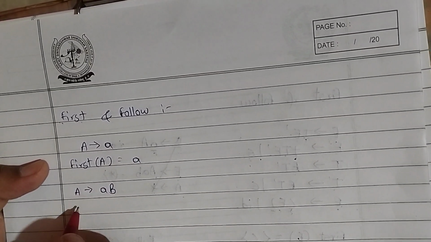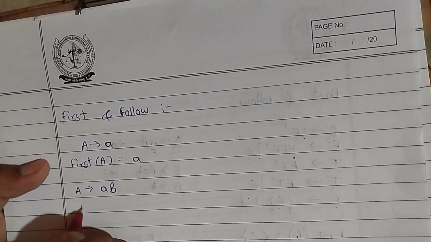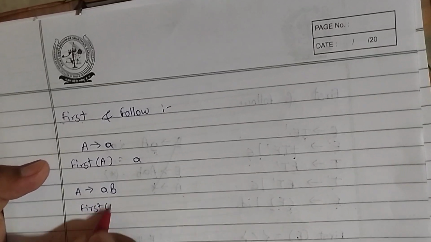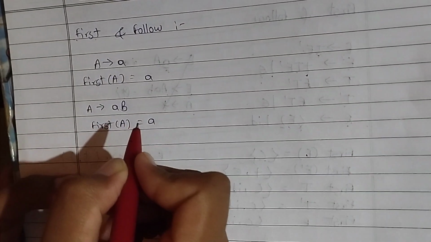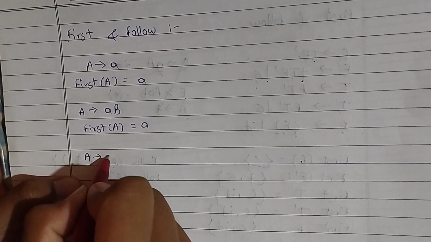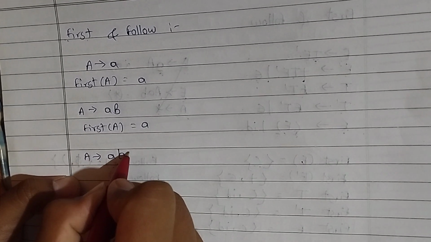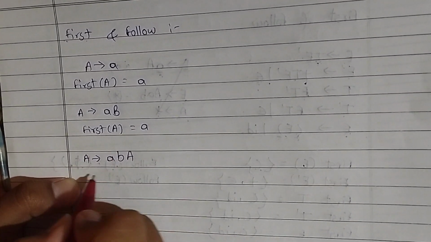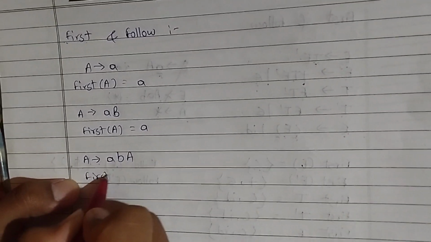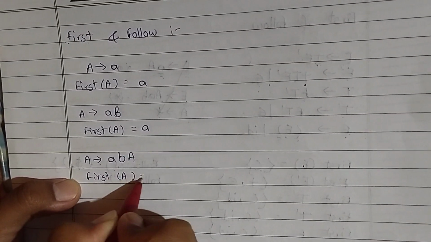Then again the first of A is the same, first of A is a itself. Now let's suppose the next grammar is A → aBA. Then again the first of A is a.